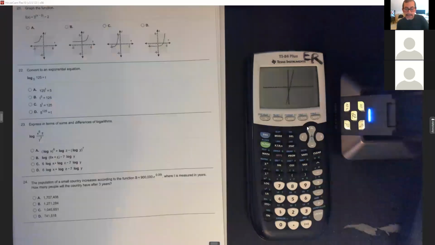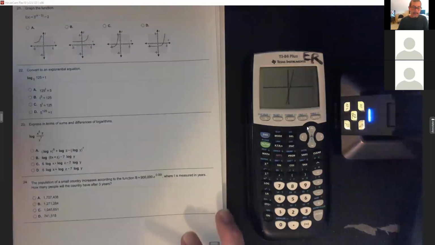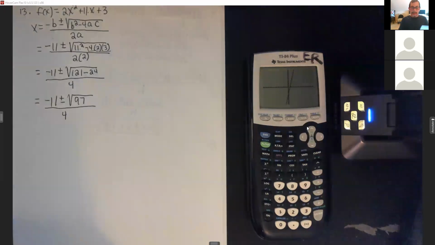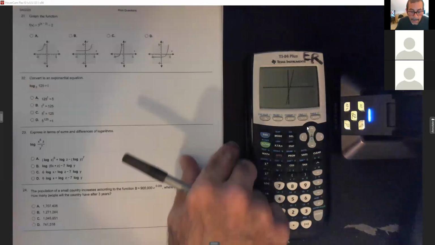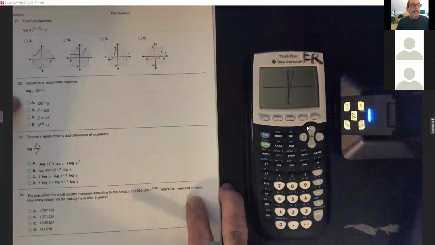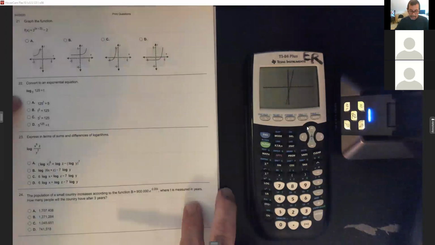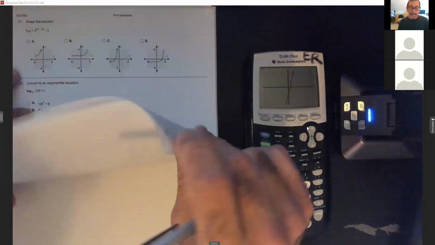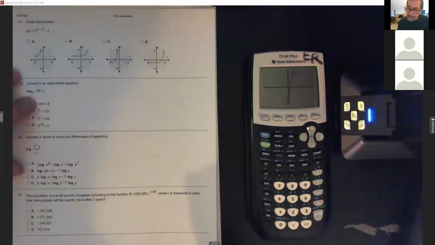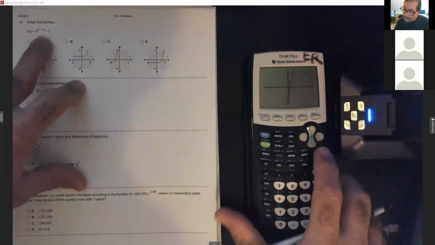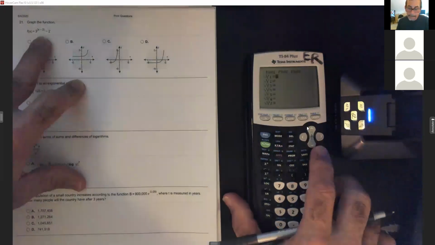All right, let's see what was next. All right, 21. Said graph the function. So I'm going to go to my y equals. Clear that out. So I got my 3.